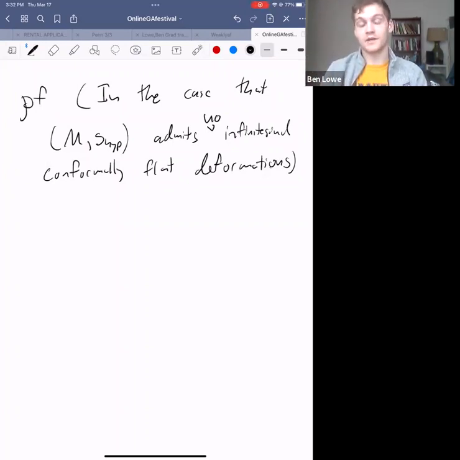So sometimes the hyperbolic metric is the unique conformally flat constant scalar curvature metric on your closed hyperbolic manifold, but sometimes it isn't. So we have this condition to rule out these other conformally flat constant scalar curvature metrics, and you'll see how that comes into play in the proof.